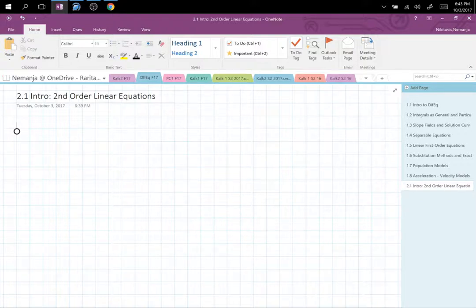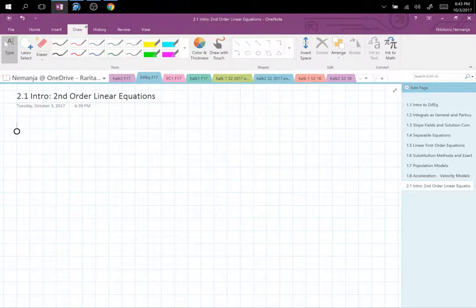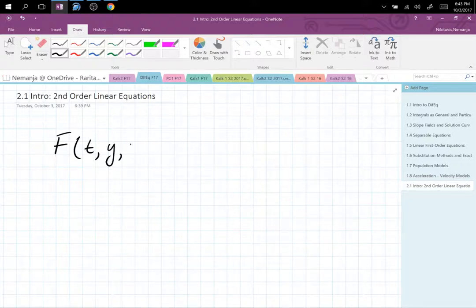Now, when we are talking about the second order linear differential equation, we are going to define it by writing down the function, the independent variable, the function, the first derivative, and the second derivative are all present.